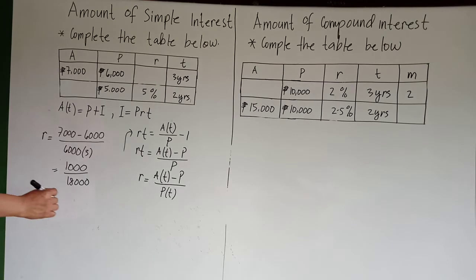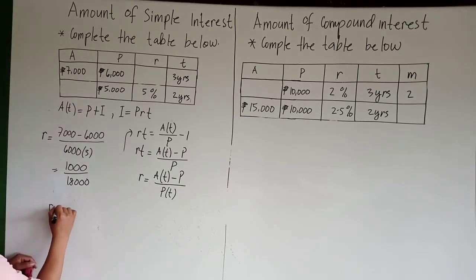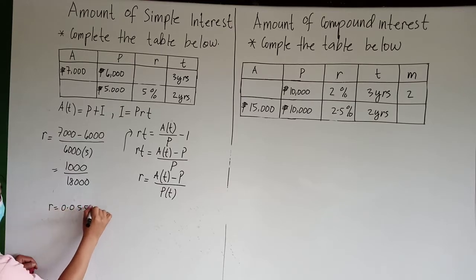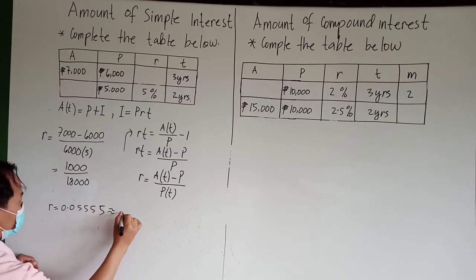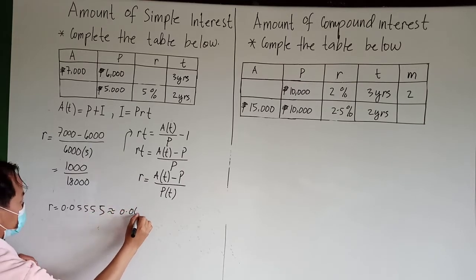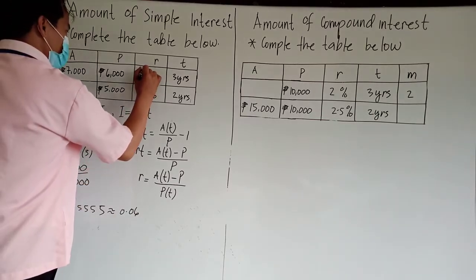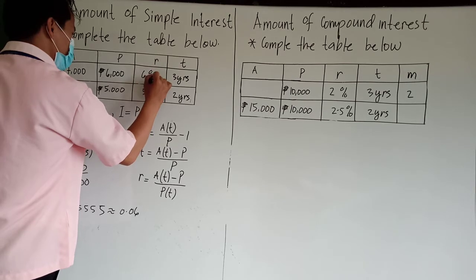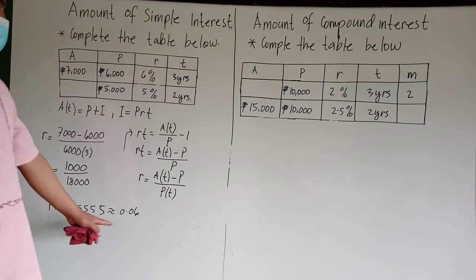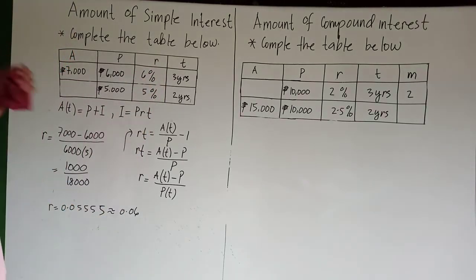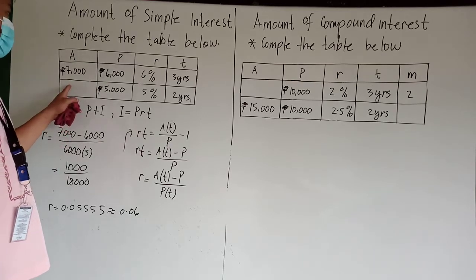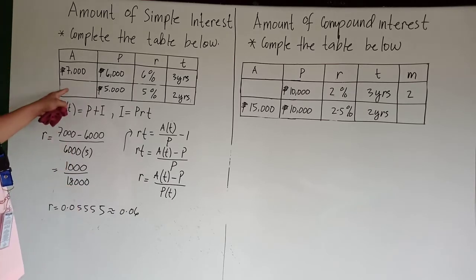R is now equal to 0.055555, or approximately 0.06, or 6%. So the rate is equivalent to 6%, or 0.06.